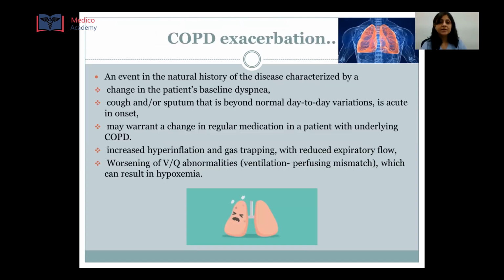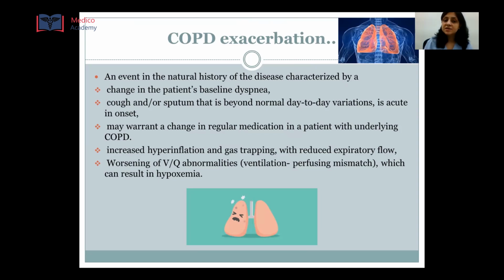Now, what is COPD exacerbation? When do we say that the patient has had an exacerbation of COPD? Any event in the natural history of the disease which is characterized by a change in the patient's baseline dyspnea, cough and/or sputum production which is beyond the normal day-to-day variations and is acute in onset, anything which is warranting a change in the regular medication in a patient with an underlying COPD, increased hyperinflation and gas trapping with a reduced expiratory flow, and worsening of VQ, that is ventilation perfusion abnormalities or VQ mismatch, which can ultimately result in hypoxemia.